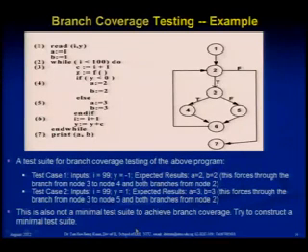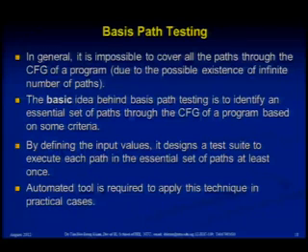You can repeat this loop many times, 2 times, 3 times, 100 times, 1,000 times, 1 million times, and come up with a different path each time. So we have an infinite number of paths through this control flow graph. In general, it is impossible to exercise each and every path at least once. And basis path testing is aimed to address this particular issue.